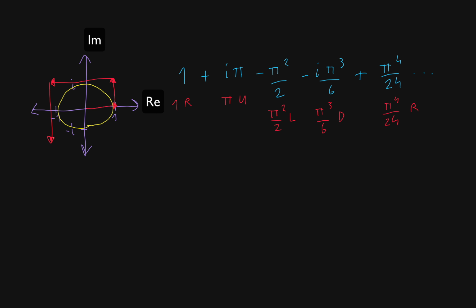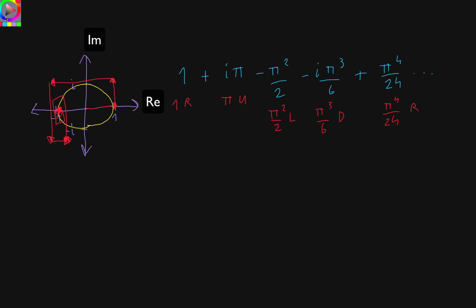And then you're going to move right again, pi to the 4th power over 24 units. And you're going to see that this is going to eventually keep spiraling in until it reaches exactly -1. So that's the geometric interpretation on how these kind of powers work with exponential to an imaginary power.